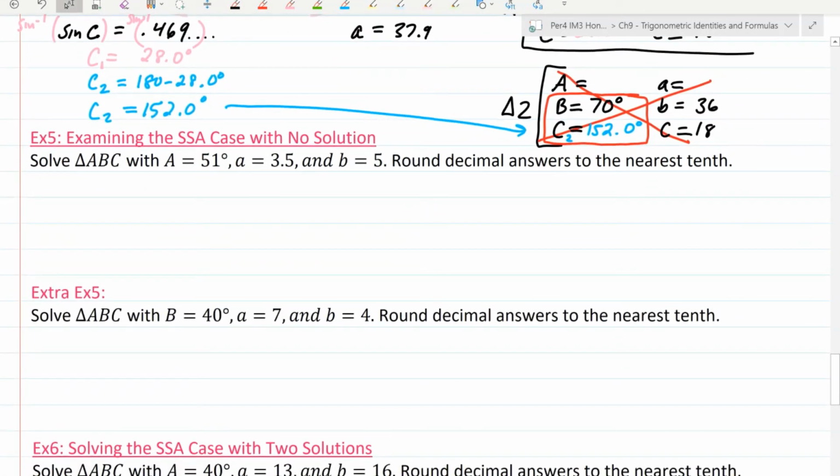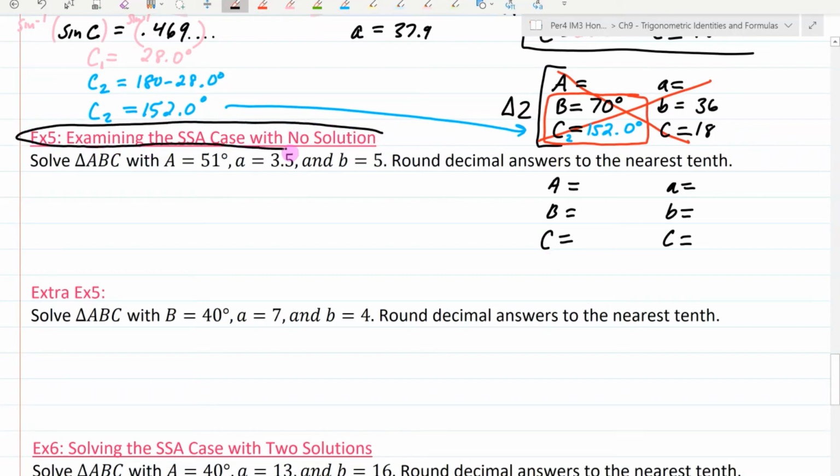Next, we're going to do exactly the same thing here. So we have A, B, C. I would normally write down a second triangle here. Obviously, this says examining a case with no solution, so I already know that there's not going to be a second triangle. But normally, if this angle was acute, I would try for a second triangle. I would just go ahead and write down the ABC, ABC.